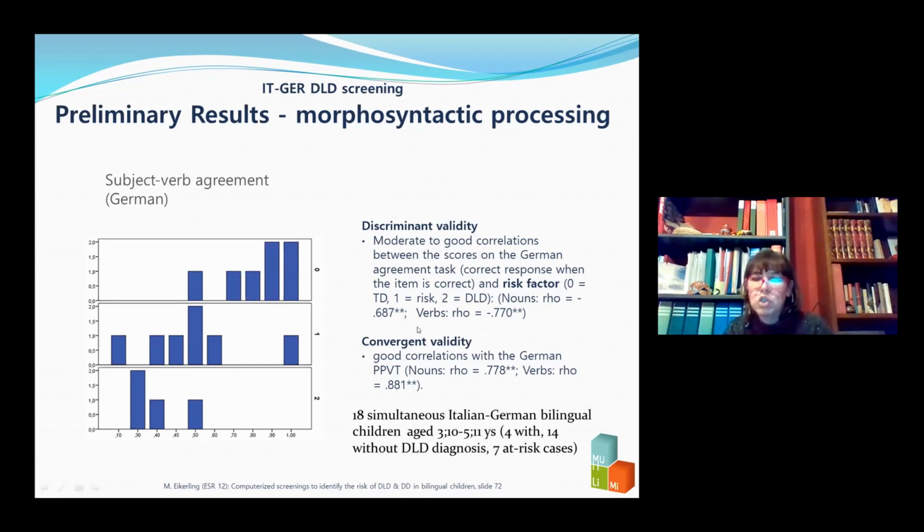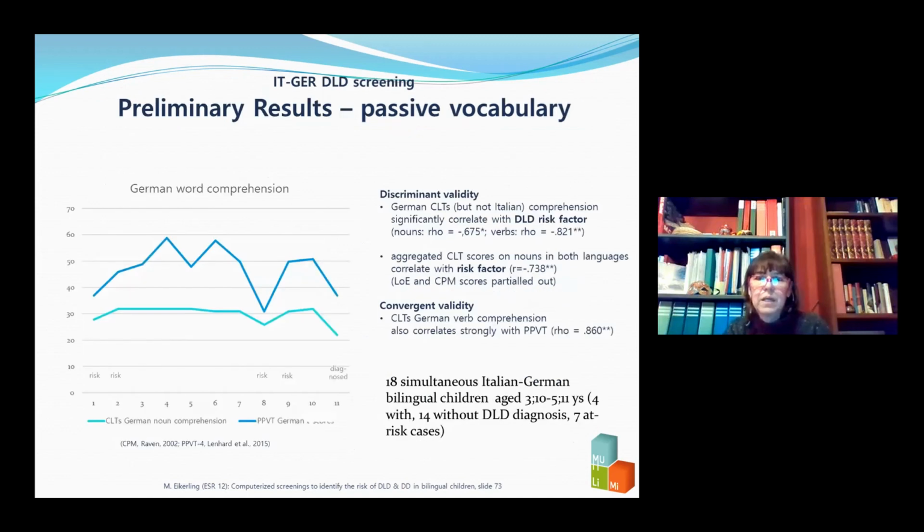There is a correlation between the risk factor level and scores, and there is a correlation with other standardized tests giving the same kind of information. The same is true for passive vocabulary measures.